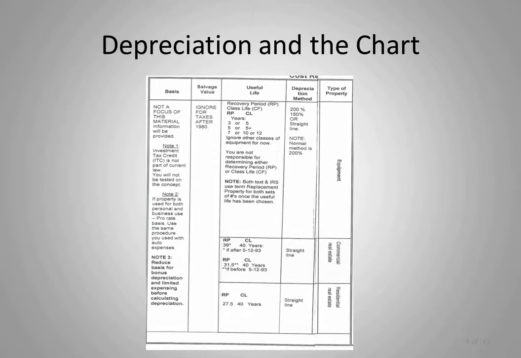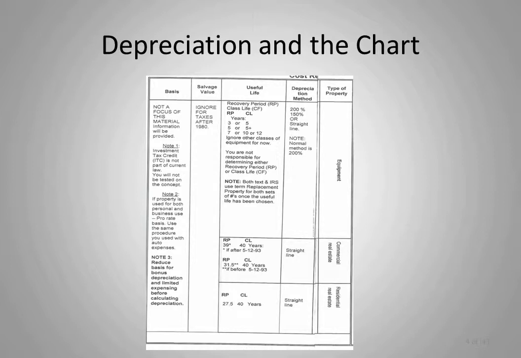When we open up number 1 on the checklist and we have to slow it down, we will use the class life. So you can note that for certain properties, we could use 3 years or 5 years, and we can't use anything else. So there are things like old racehorses and breeding pigs in that category. We don't use a lot of it. In the category with the recovery period of 5 years, your cars, your trucks, a lot of your office equipment will be there.